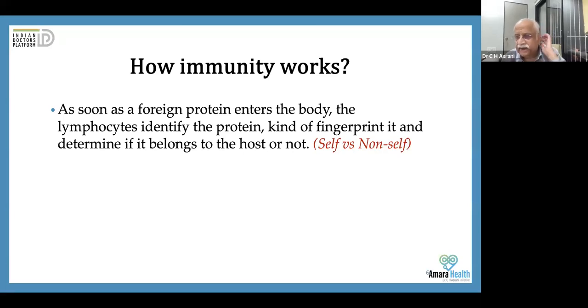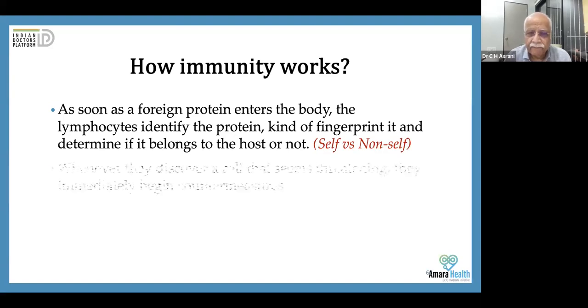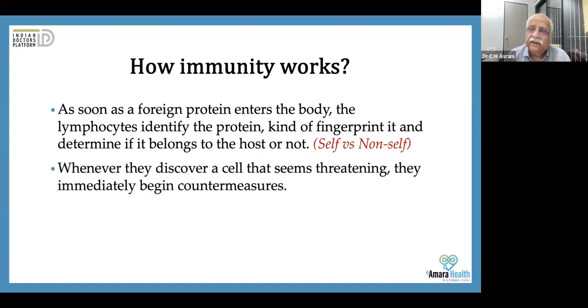So their job is to identify this is self or this is not self. Whenever they discover a cell that seems threatening, they immediately begin countermeasures. It's like you are walking on a road and you see people running towards you with swords, you will start taking countermeasures.